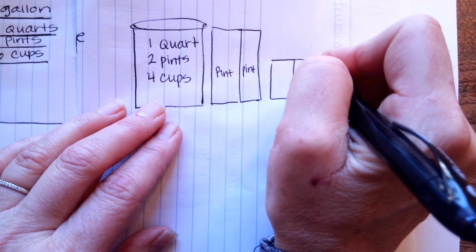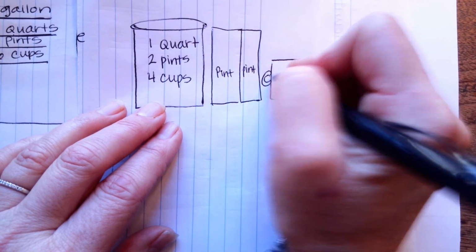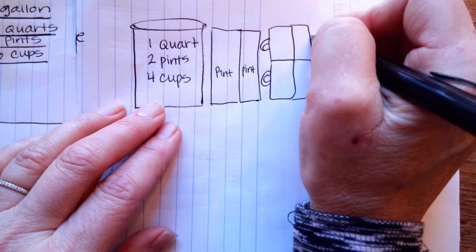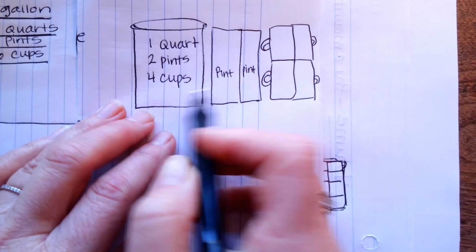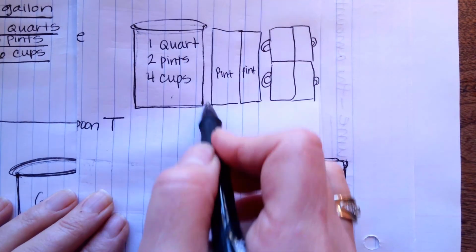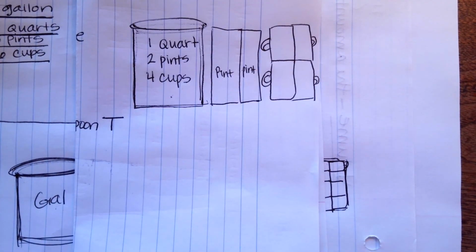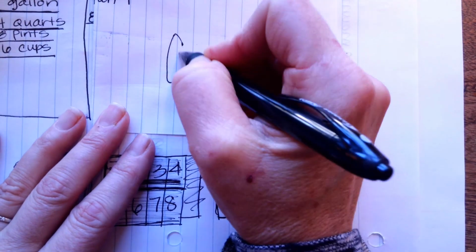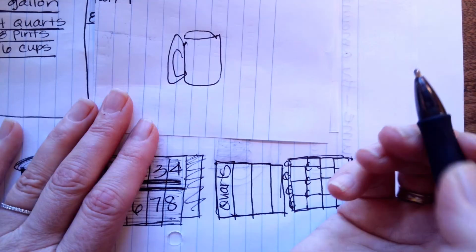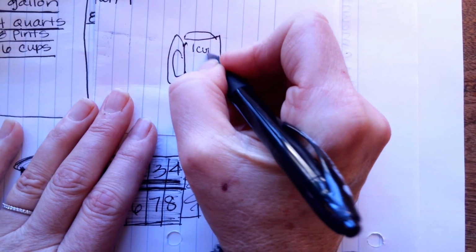So if we were doing our little measurement for our cookie thing that we were talking about, the clear glass little container, 4 of these cups would fit into this 1 quart. Make sense? Yeah. Awesome. And then in that little cup that we were talking about, here's the cup that you would use. 1 cup would equal 8 ounces.